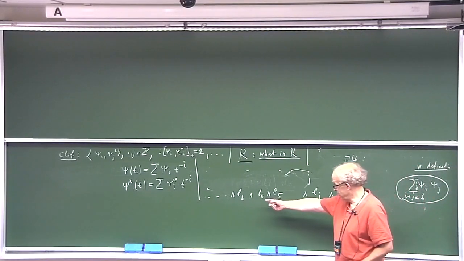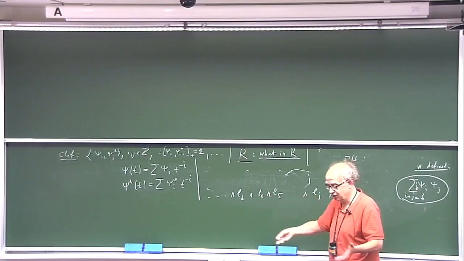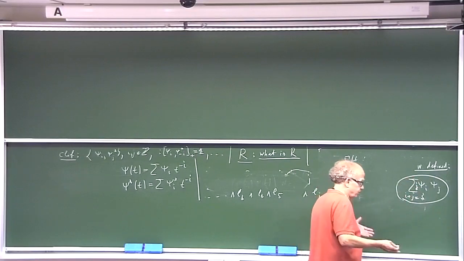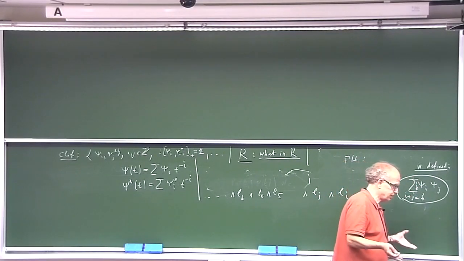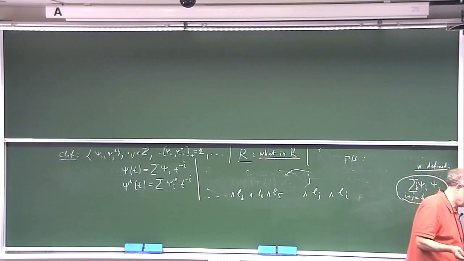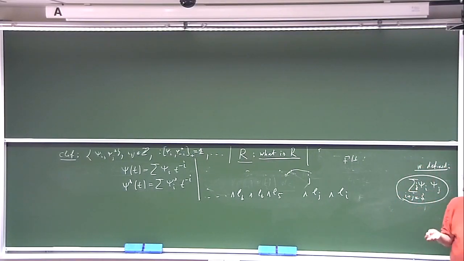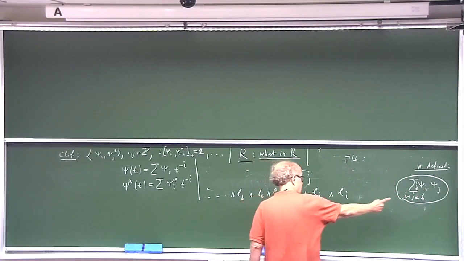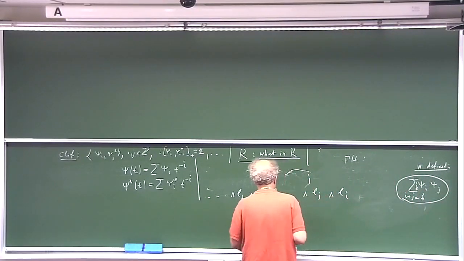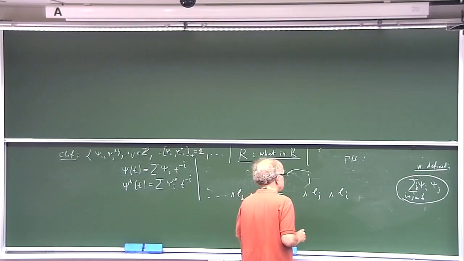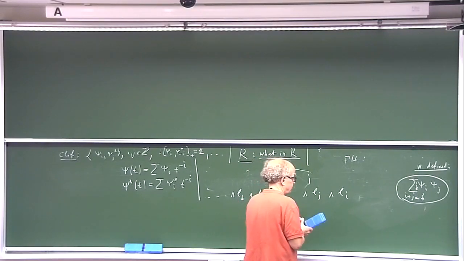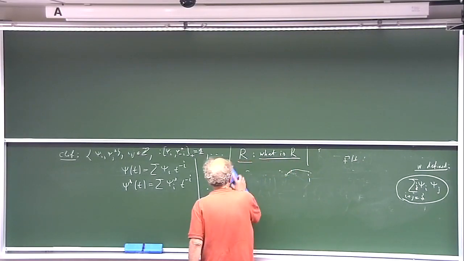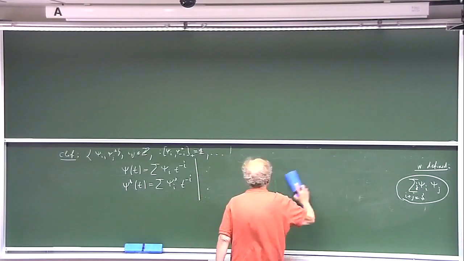But in reality, if you apply it to this element, only a finite part of the sum is acting non-trivially on each fixed element. So it means that such an element is well defined and gives us an operator acting on a space of semi-infinite forms.